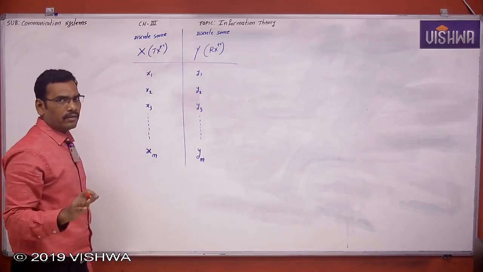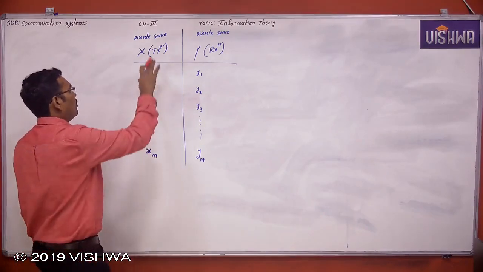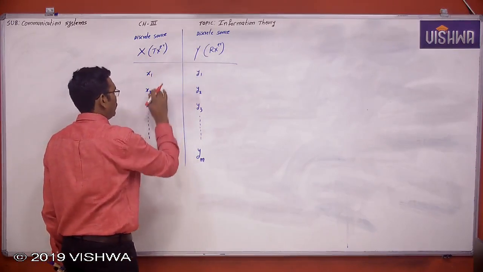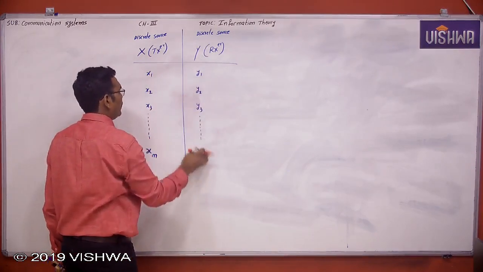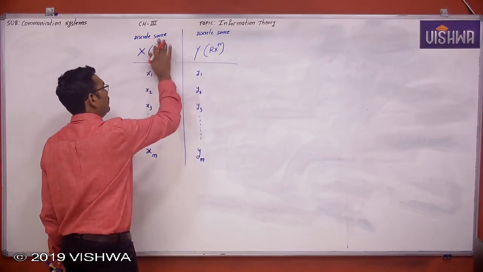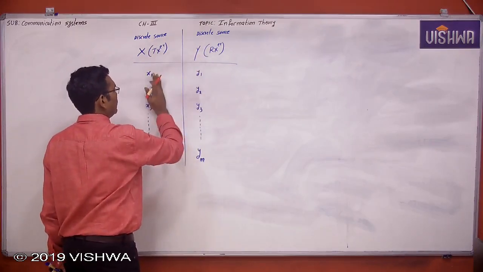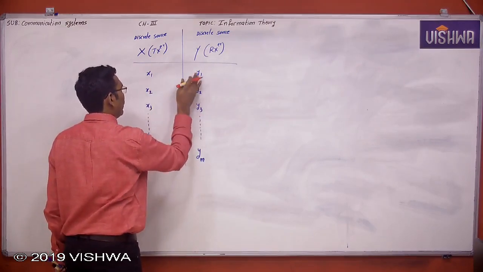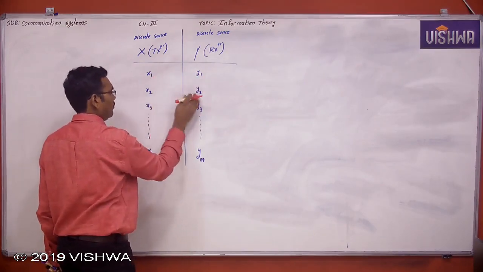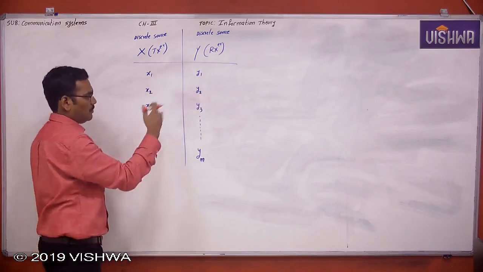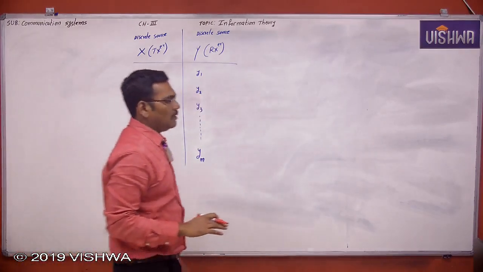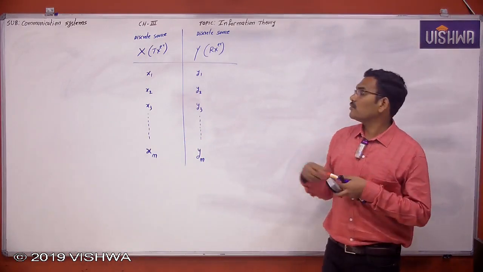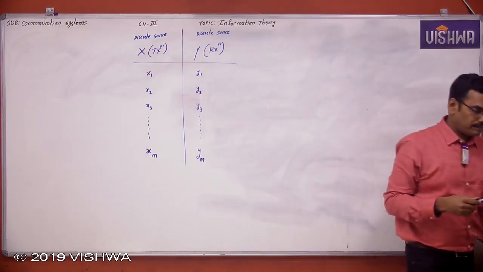You can read this throughout this discussion. X1 is transmitted and Y1 is received; X2 is transmitted and Y2 is received. Or Y1 is received when X1 is transmitted, Y2 is received when X2 is transmitted, like that. So these are discrete sources X and Y generating symbols X1, X2 and so on.